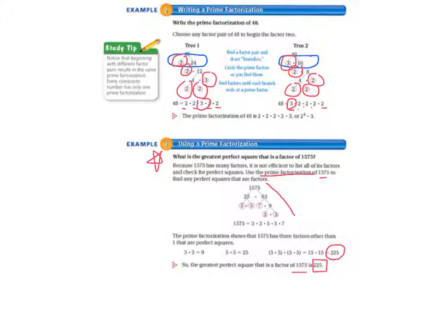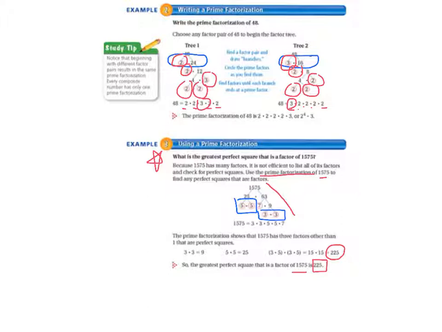So what we are doing here is finding prime factors in our final prime factorization that have partners that match up with them. So for example, 3 has another 3 that matches up with it, and 5 has another 5 that matches up with it. So we know that 9 is a perfect square, and 25 is a perfect square.